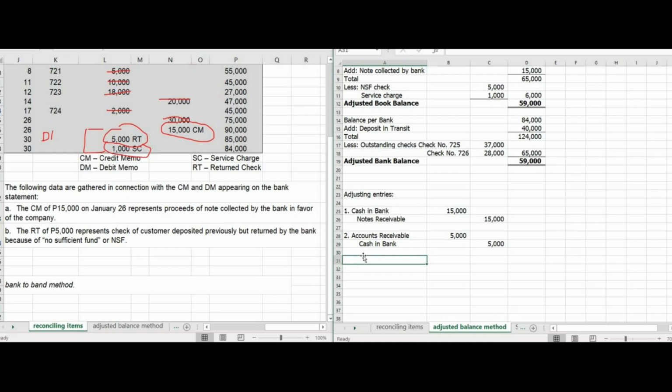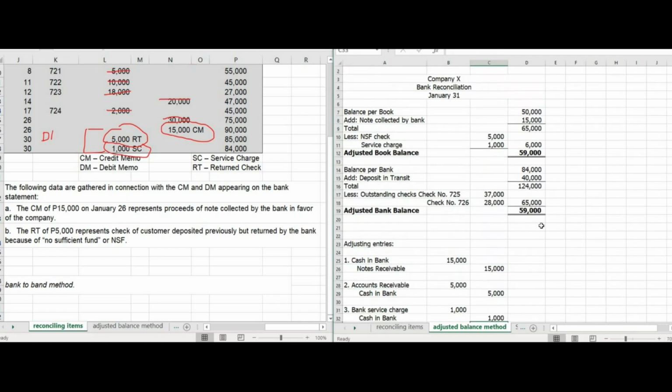And then lastly, number 3, the service charge. We'll just debit bank service charge. That's an expense. The amount is 1,000. And then we credit, of course, cash in bank, the amount is 1,000.